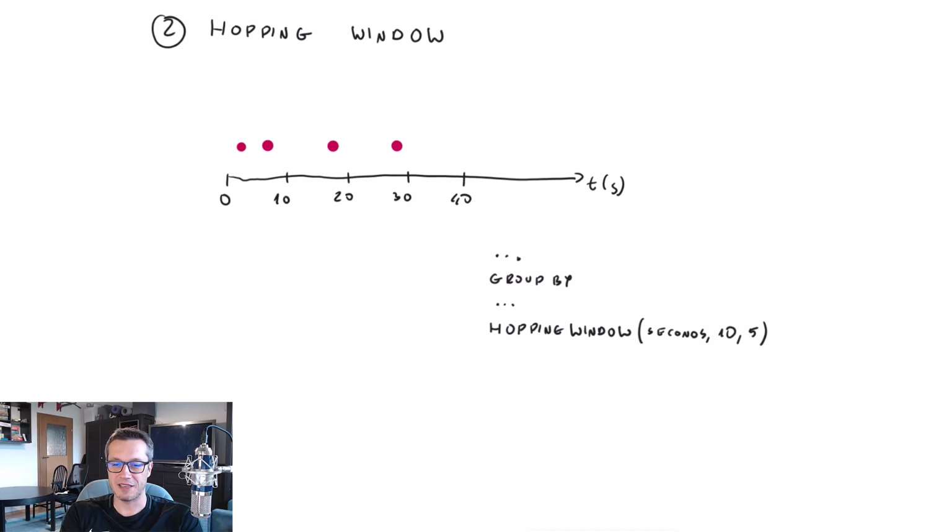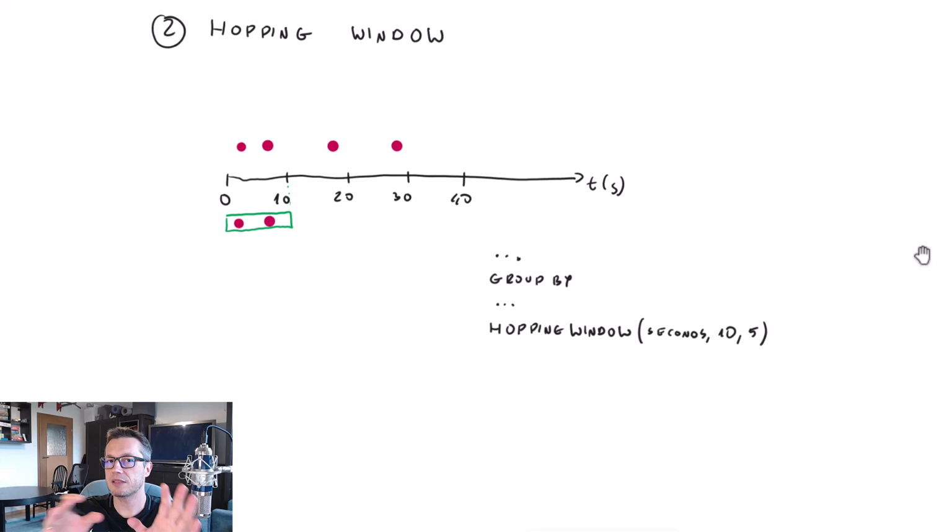So based on this data, we know that the size of the window should be set to 10 seconds. So the first window would be like this. It would be outputted at second 10 at the end of the window, and it would contain those two events. So the aggregations would run on those two events.